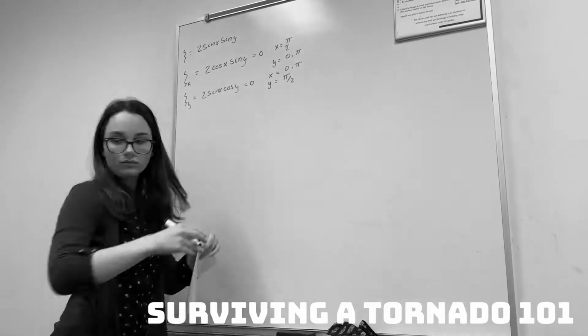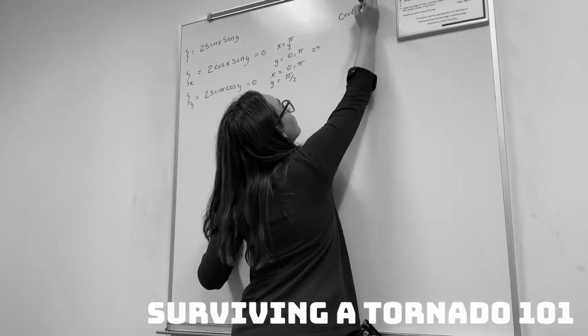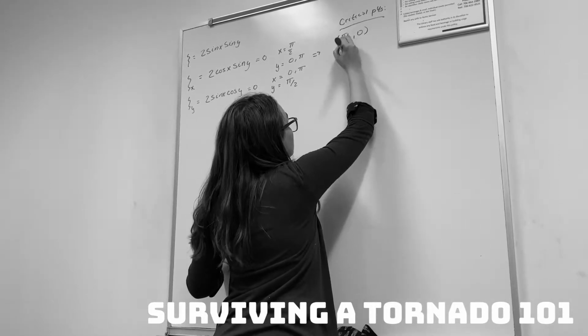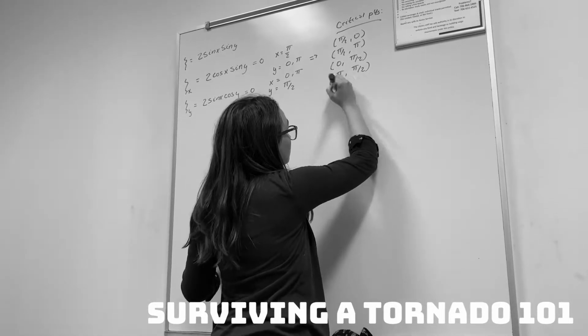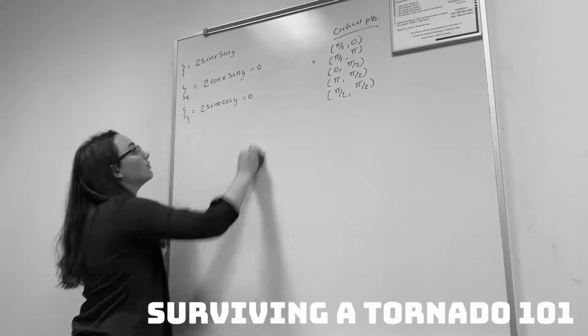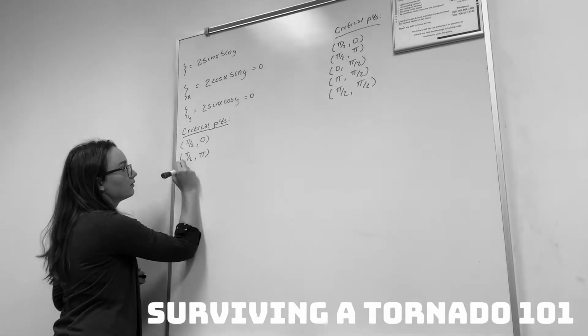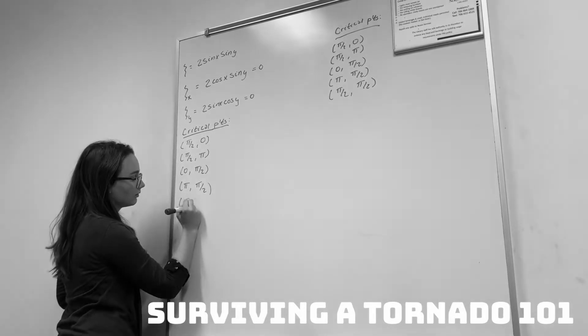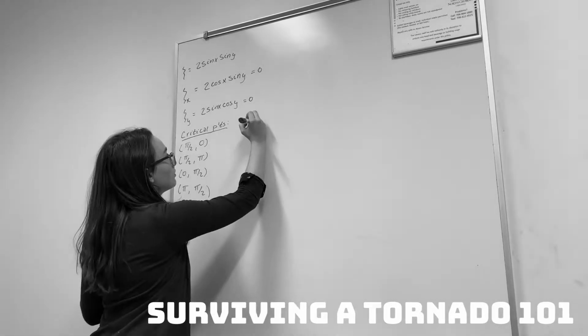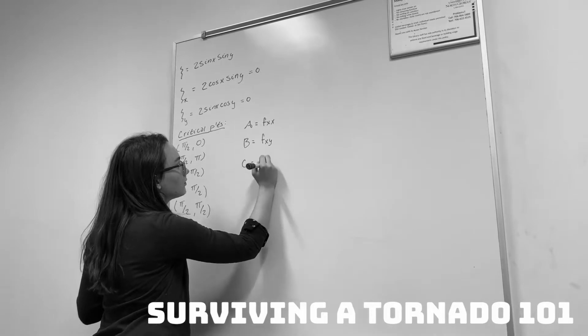From there, we take the derivative of the vorticity function with respect to x and y and set those equal to 0 to find the critical points. We find critical points at (pi/2, 0), (pi/2, pi), (0, pi/2), and (pi/2, pi/2).